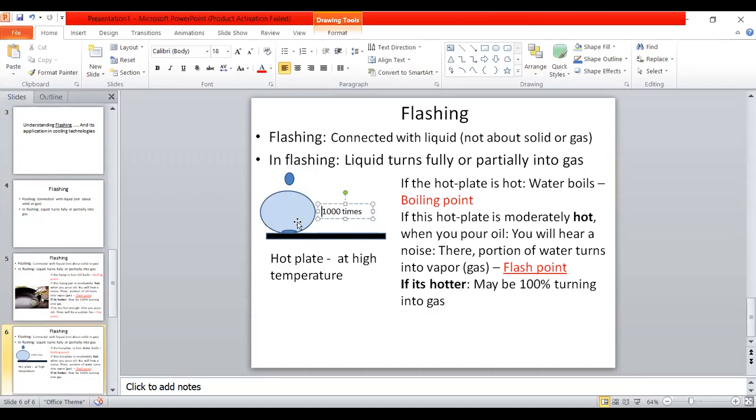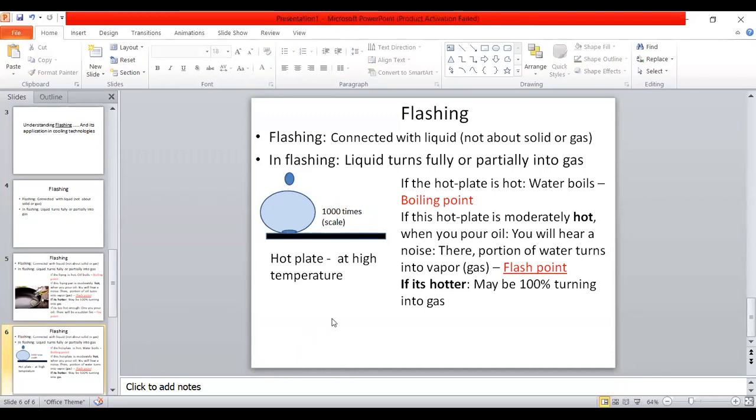We can get the exact values later. Let's say 1,000 times is the scale. So you imagine the volume.